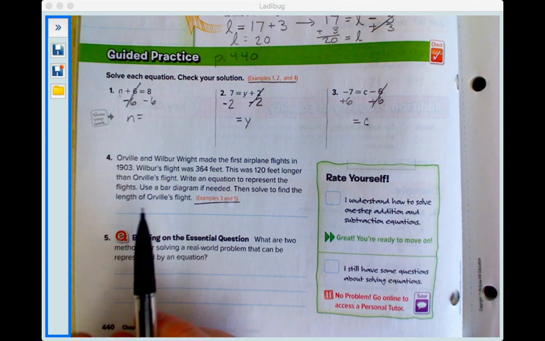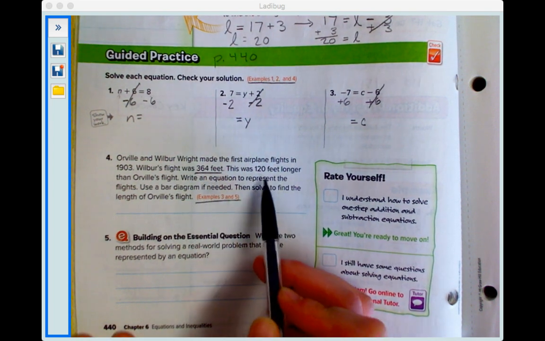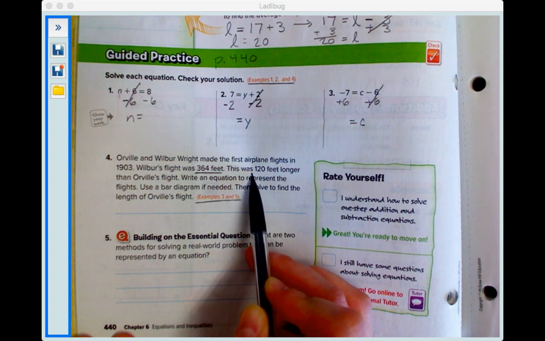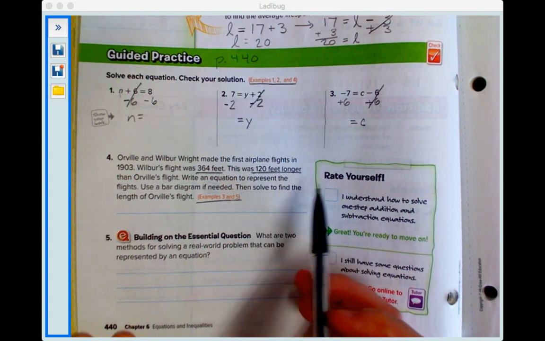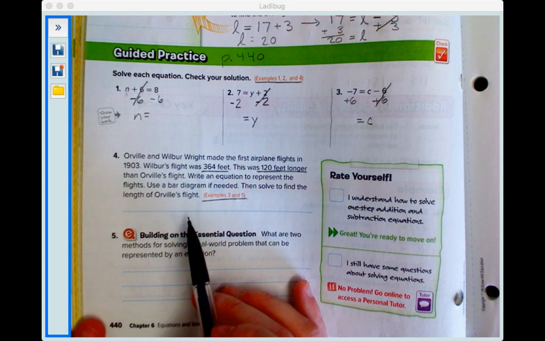Now, we know Wilbur has 364 feet, and his was 120 feet longer than Orville. So let's figure this out.